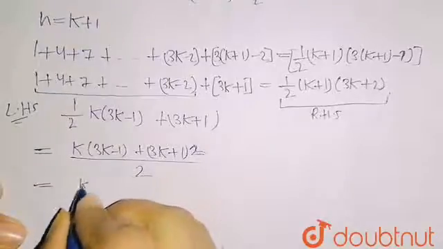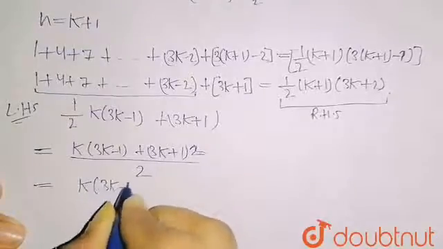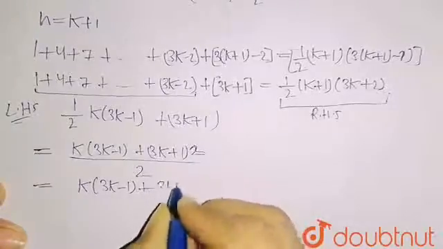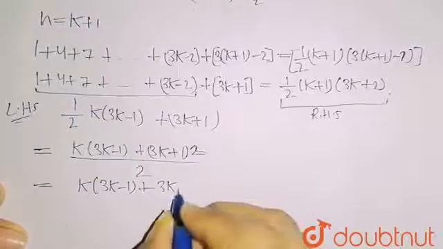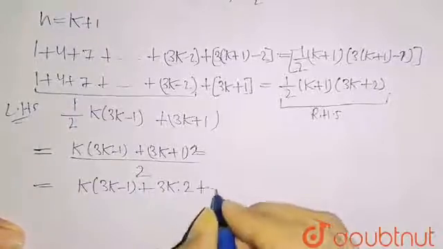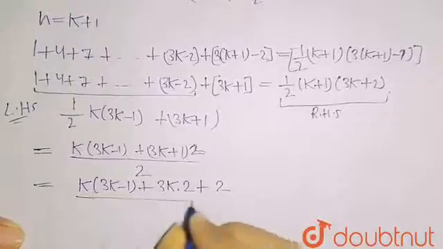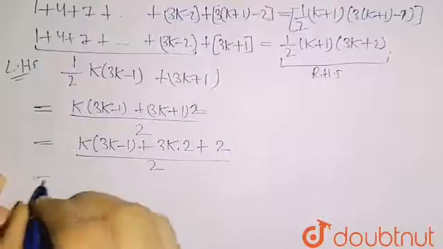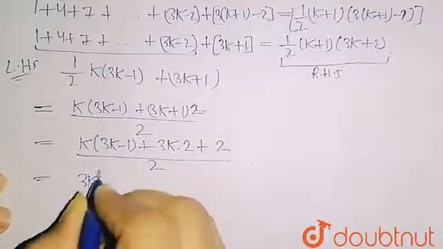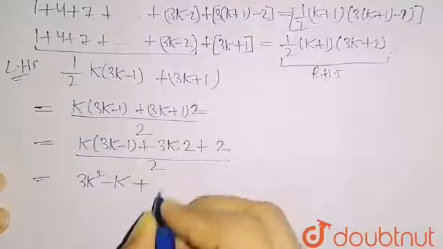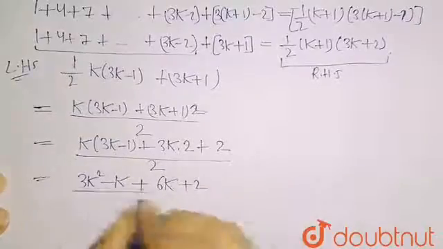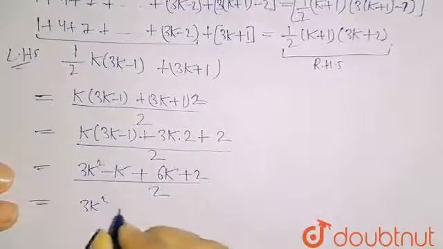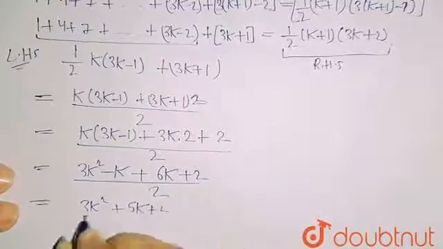Here it will be k 3k minus 1, and here when you multiply 2, it is 3k into 2 also. Okay. Plus 2 upon whole 2. Okay. So here when you multiply it, so 3k square minus k plus 6k plus 2 upon whole 2 and 3k square plus 5k plus 2 upon 2.